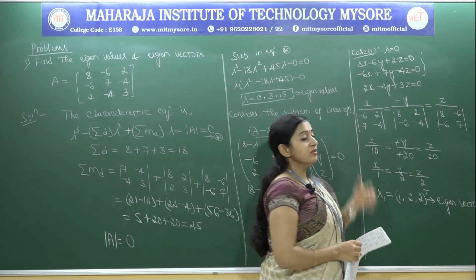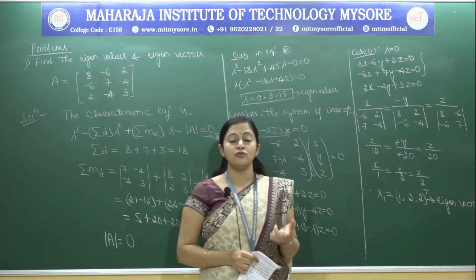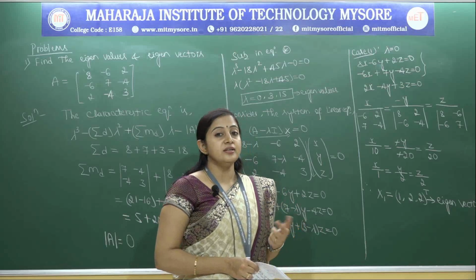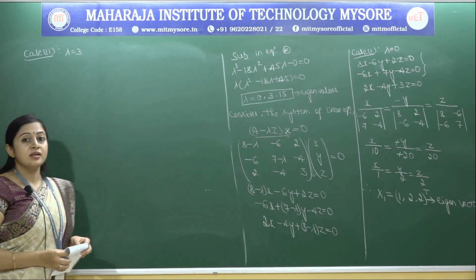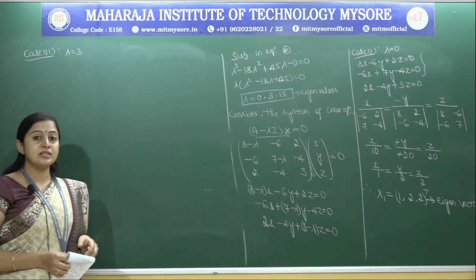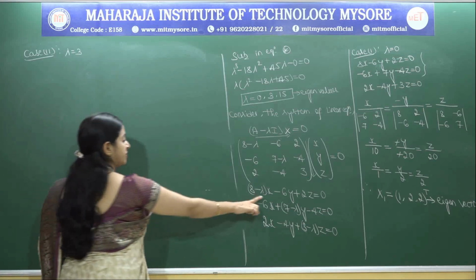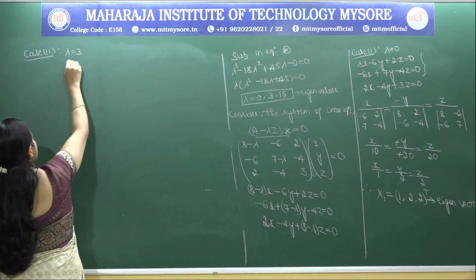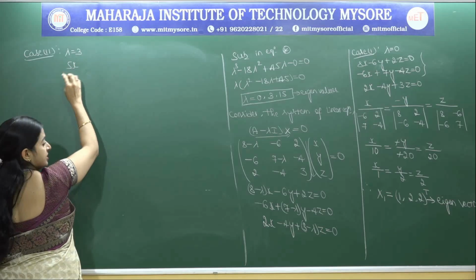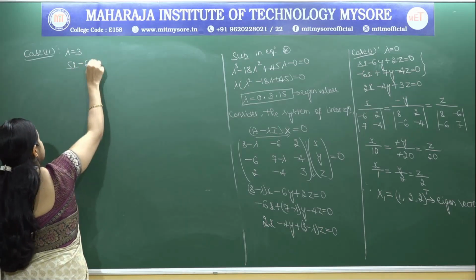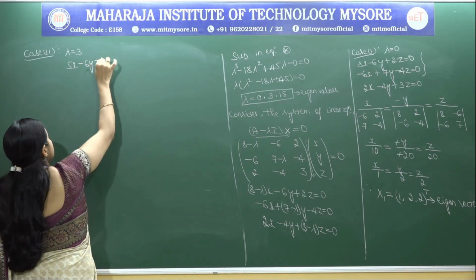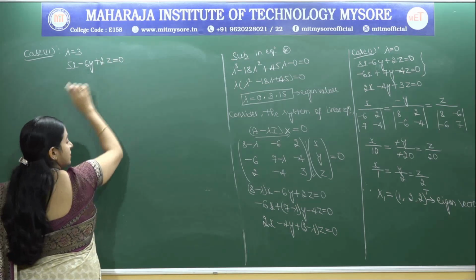Similarly, you can find the eigenvector for lambda equals 3 and 15. Next, for lambda equals 3, substitute lambda equals 3 here. You will get the first equation, 5x minus 6y plus 2z equals 0.